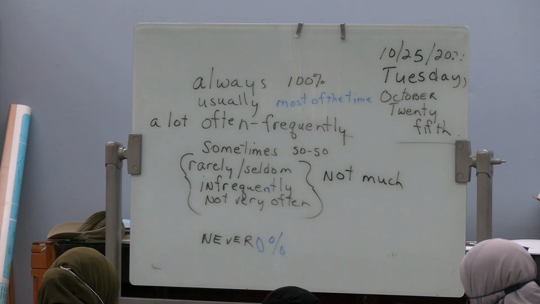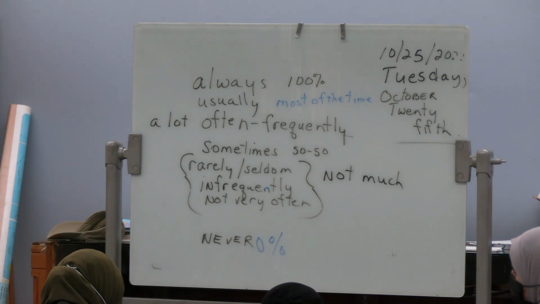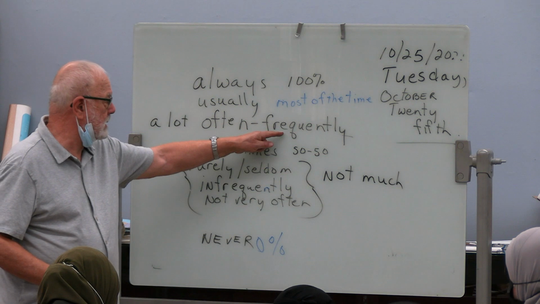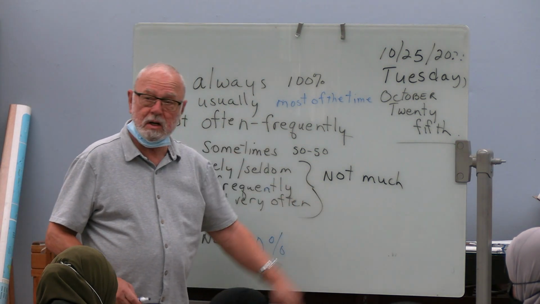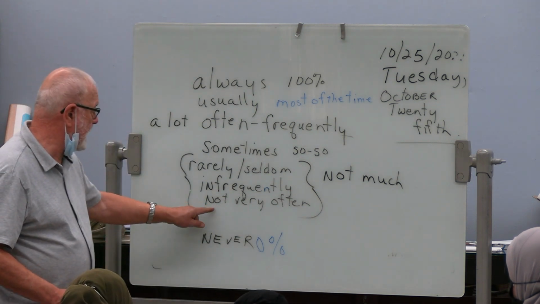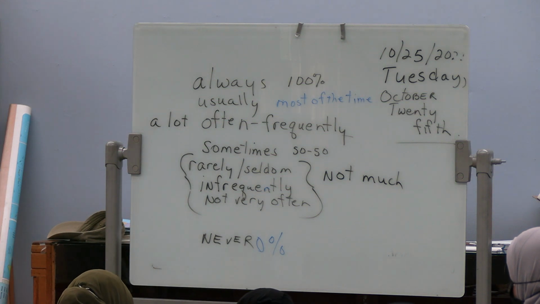Remember IN in front of a word? Frequent, infrequent, they're opposites. Frequent means a lot. Infrequent means not much, not a lot, not very often. So these are the common ones that we use to show how much we do something.